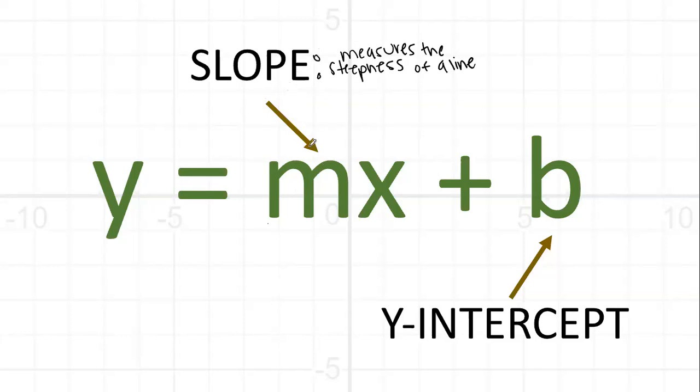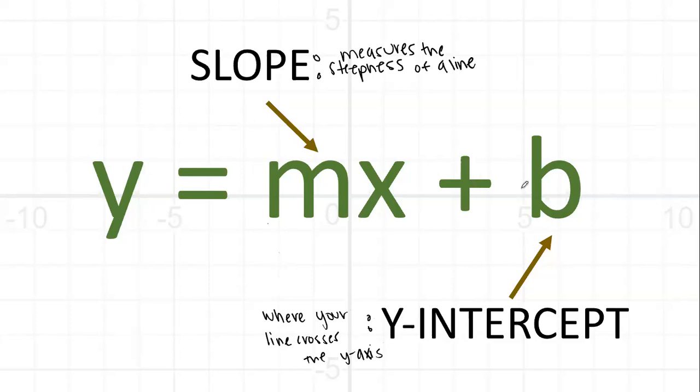This is very important that we remember that M stands for slope. And B stands for Y-intercept. Y-intercept, if you remember, is where your line crosses the Y-axis. This is where your line crosses the Y-axis.